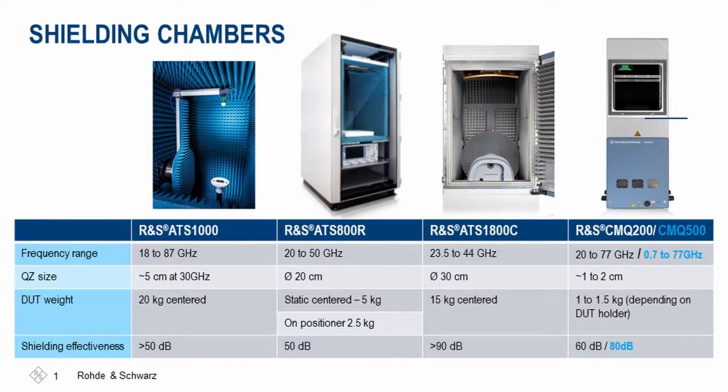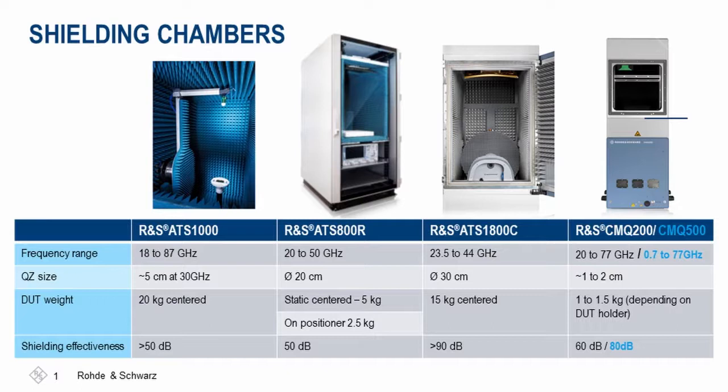So this covers frequency range from 18 to 87 gigahertz, and this is a direct far field measurement, and the quiet zone would be around 5 centimeter at 30 gigahertz, and the DUT weight it can take is about 20 kgs, and shielding effectiveness more than 50 dB. So this was used for direct far field measurements.